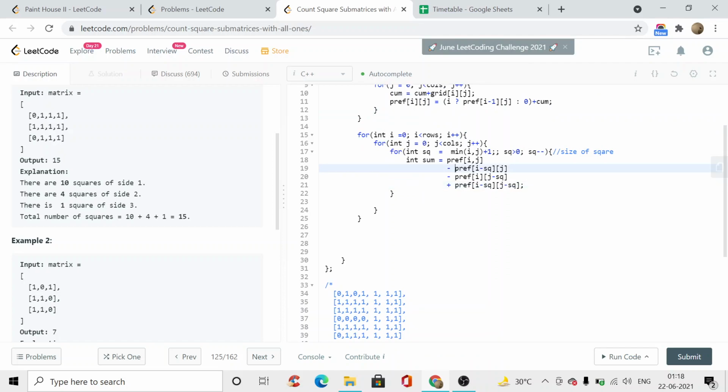And now I will also add the constraints. If I minus SQ is greater than or equal to 0, only then we do this, otherwise we just keep it as this. Similarly, if J minus SQ is greater than or equal to 0, then we do this, otherwise 0.